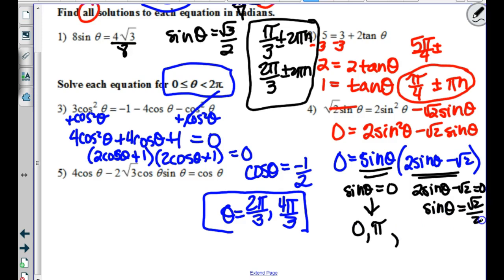And where's the sine square root of 2 over 2? Pi over 4 and 3 pi over 4. Okay. How many of you would have started off by dividing by sine on that first step? Nobody? You're going to remember not to divide by a function? Okay.